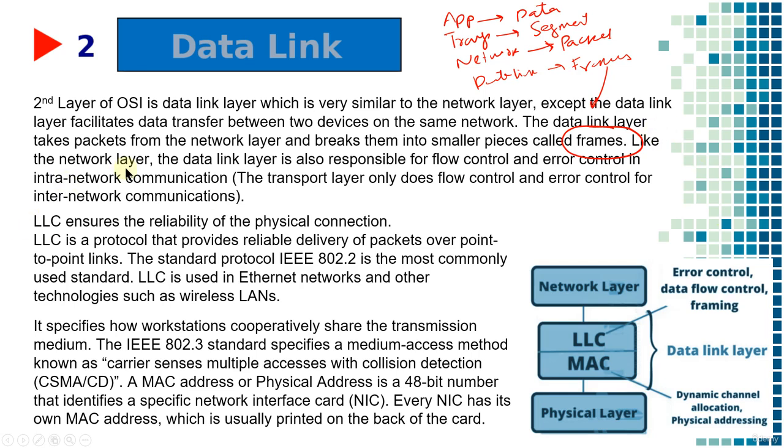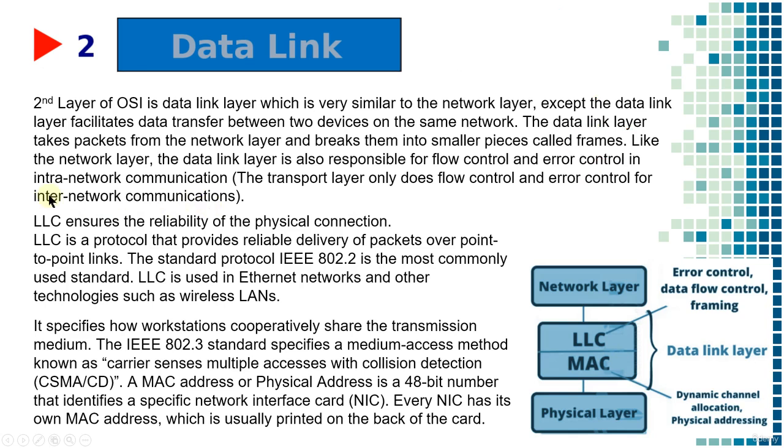Like the network layer, the data link layer is also responsible for flow control and error control. So flow control and error control also happen in this intra-network communication. The transport layer only does flow control and error control for inter-network communication. You might have a very clear understanding of what is inter and what is intra. Intra is basically your local area network, LAN.